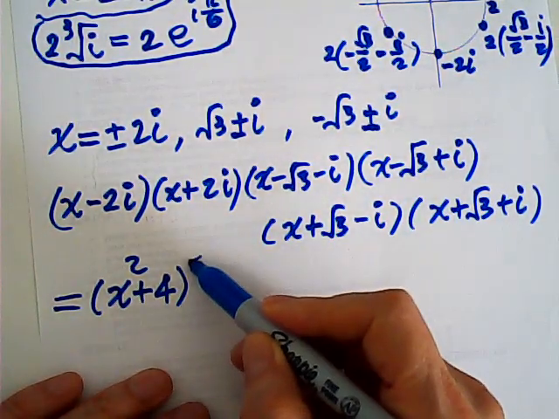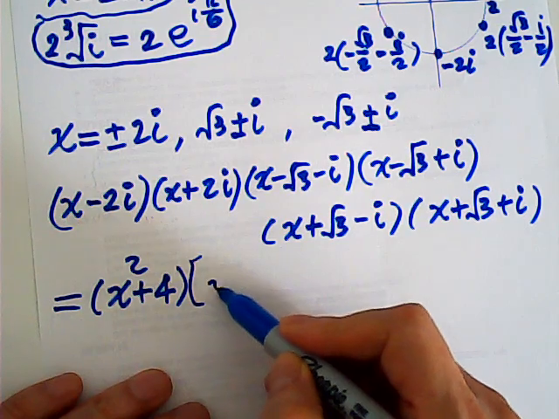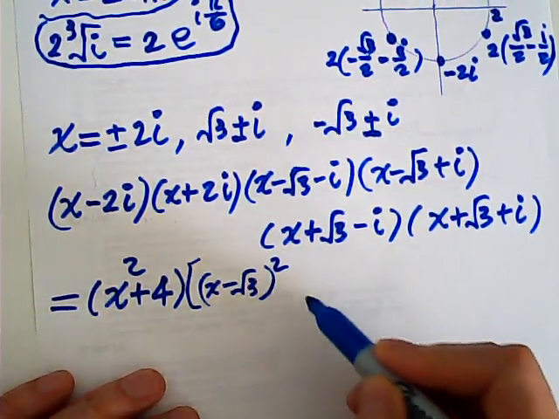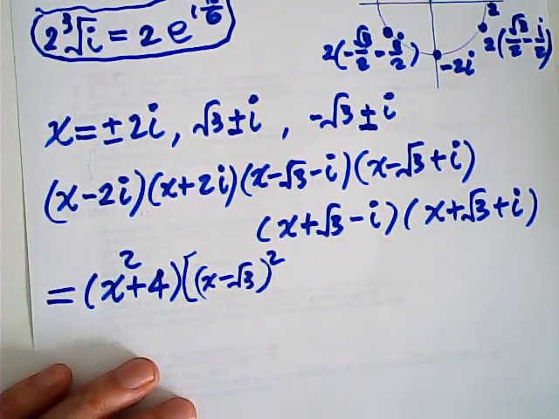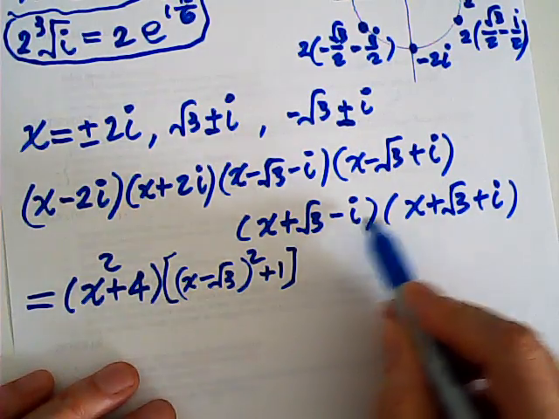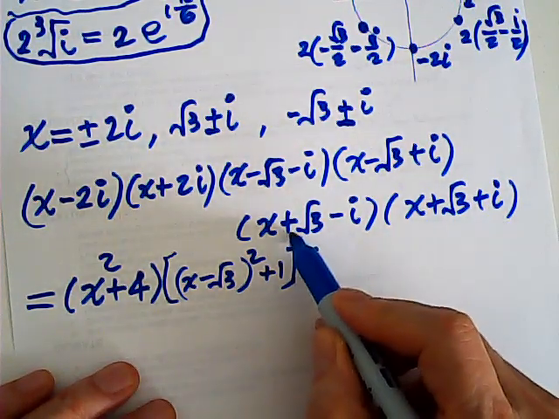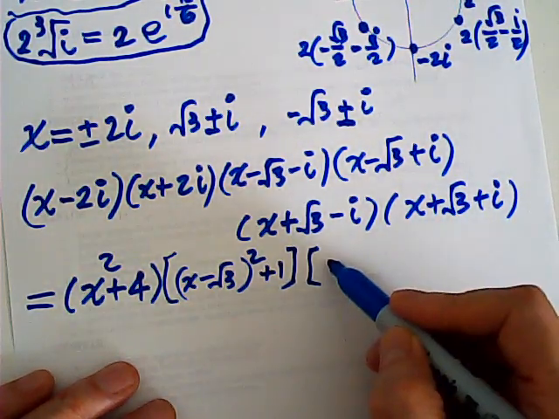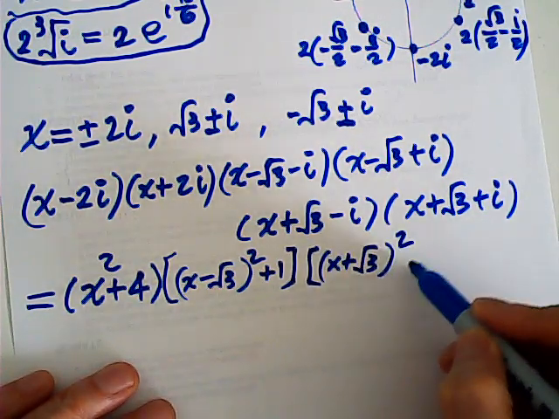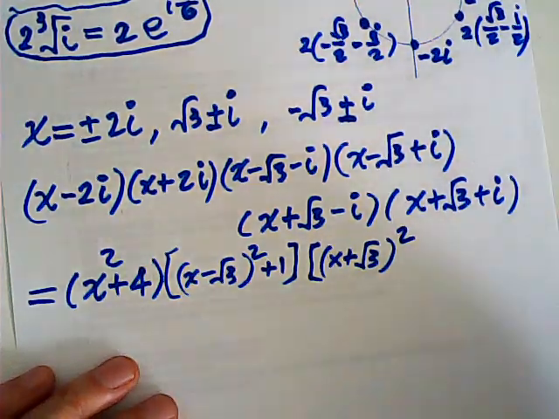And this one times this one is x minus root 3 squared minus i squared. Minus i squared is plus 1, right? For the other pair, x plus root 3 squared minus i squared, which is plus 1.